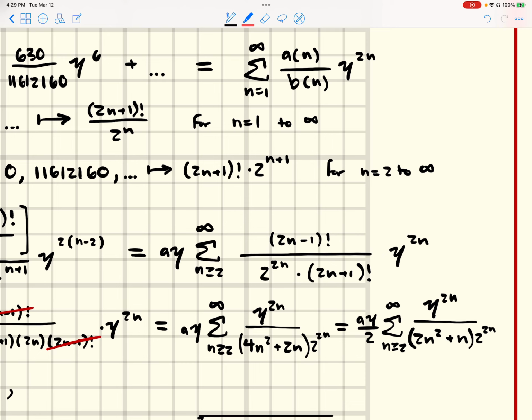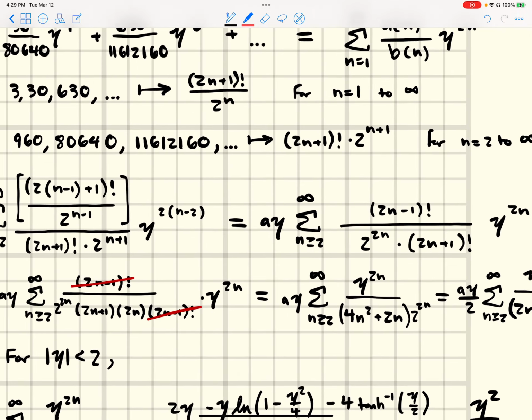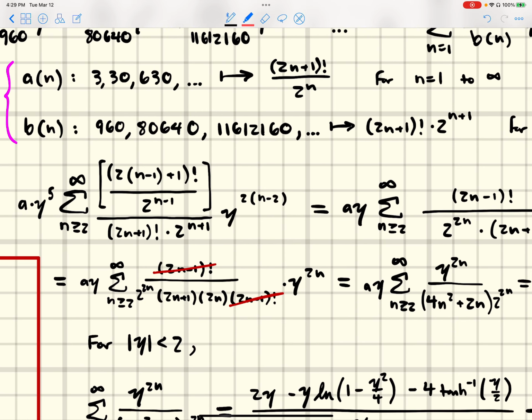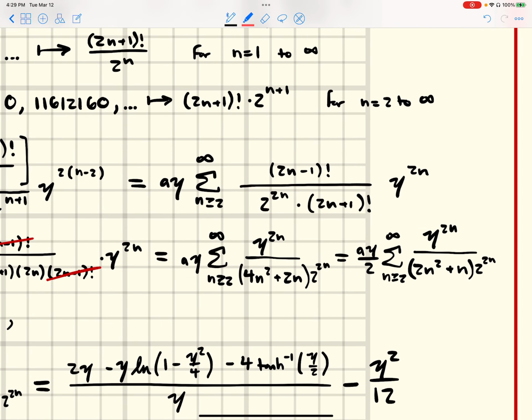You factor out the factorial term, and different parts of that cancel, which ends in giving us this infinite sum, expressed as some coefficient times the infinite sum from n equals 2 to infinity of gamma raised to 2n divided by 2 to the 2n, multiplying, in brackets here, 2n squared plus n.